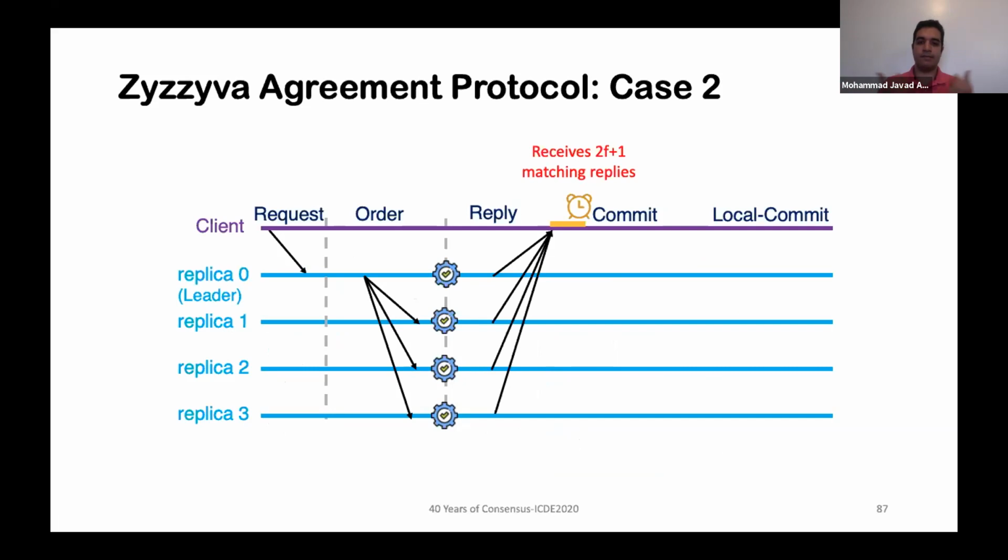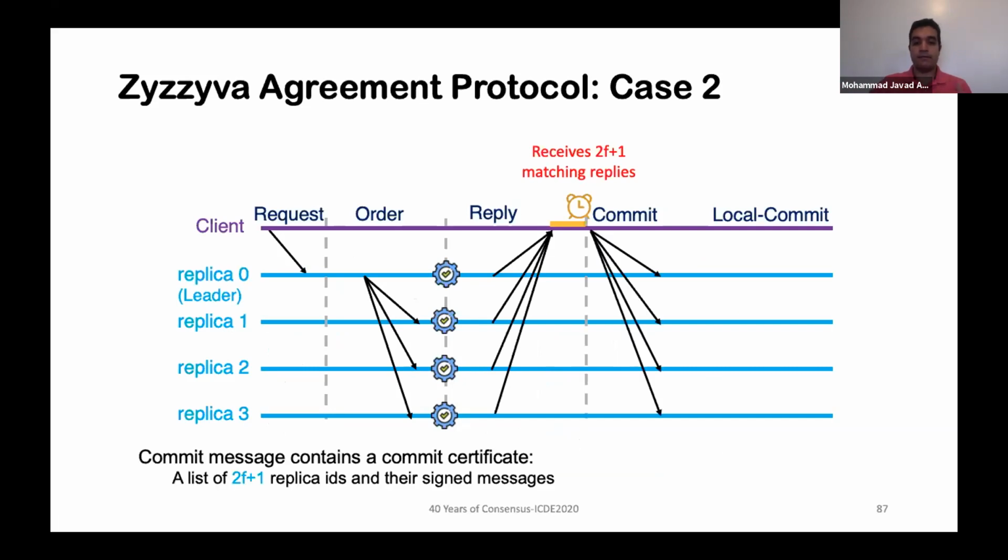If it doesn't receive more replies, we need to have 1 more phase of communication to tell these 2f+1 replicas that we are going to commit this message. So it sends commit messages to these replicas, and the commit message includes something from these replies. Basically, it includes the signature and some part of the message. And then we have commit and local commit messages to receive 2f+1.